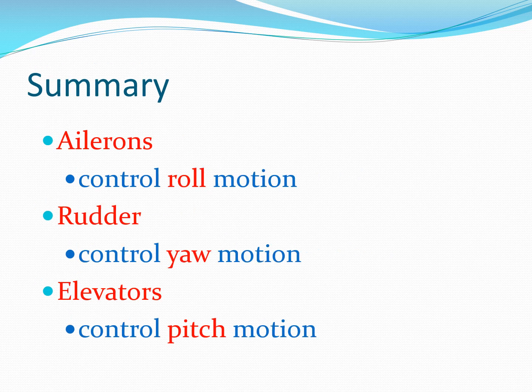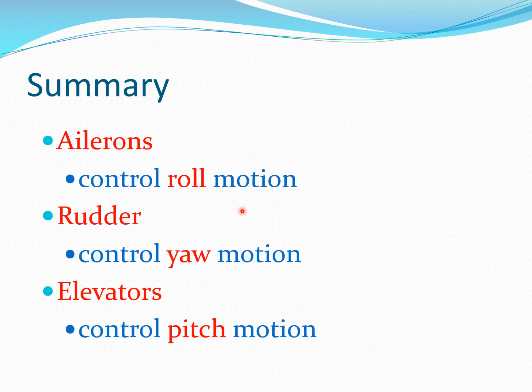Now, we also should remember that there are these control surfaces which can be used to generate control motion. Essentially, we have seen that the elevators have an impact on controlling pitch motion, the rudder on controlling yaw motion, and the ailerons on controlling roll motion.